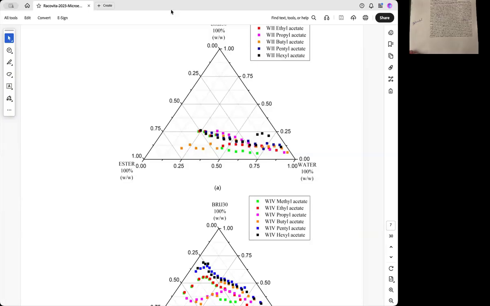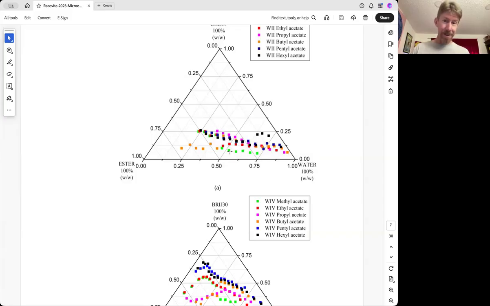So let's go back over here, and hopefully you can see. So the green one is the lowest, and the black one is on average the highest, although the propyl one is highest here in this region.